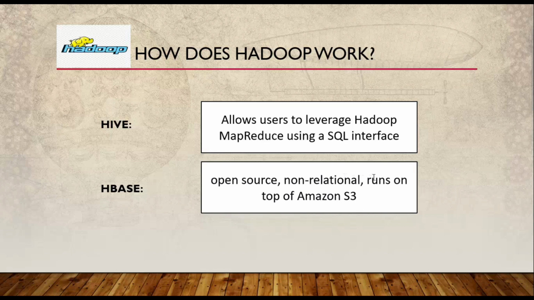HBase is an open-source, non-relational, versioned database that runs on top of Amazon S3 using EMRFS or the Hadoop Distributed File System (HDFS). HBase is a massively scalable distributed big data store built for random, strictly consistent, real-time access for tables with billions of rows and millions of columns.